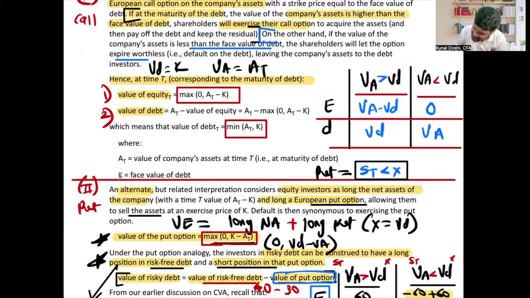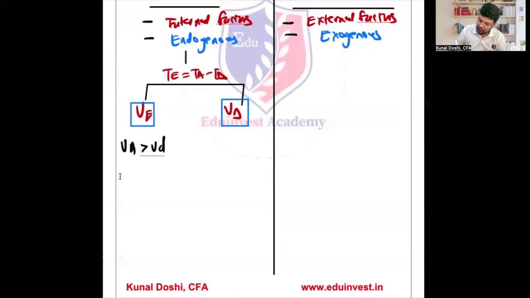Value of equity is maximization of zero, or either they will get zero or a higher value. Correct? So we can directly write here, it is maximization of, either they will get zero if the company value drops, or they will get the difference, the additional value over what is supposed to be paid to the debt. Clear? This is what the equity shareholders will get. Debt. Debt is slightly complicated. Debt won't get more than the value of the debt, but they will lose if the value drops.